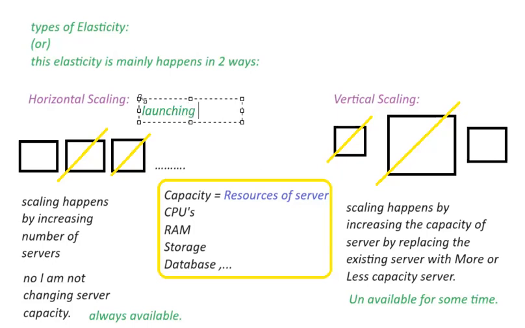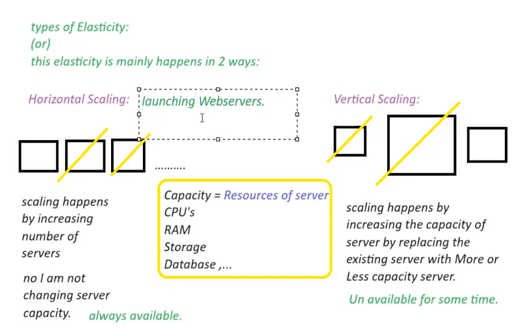Launching of web servers, what is the best fit? Horizontal scaling. Even vertical scaling is currently not provided by most of the cloud providers, since it leads to some unavailability. Cloud providers avoid that unavailability of their servers. They just use horizontal scaling for launching their websites.